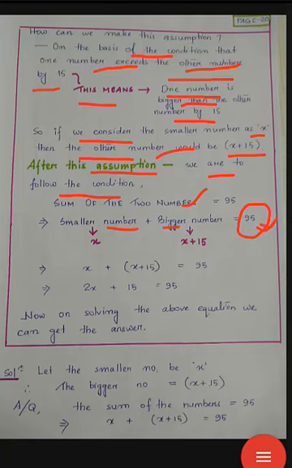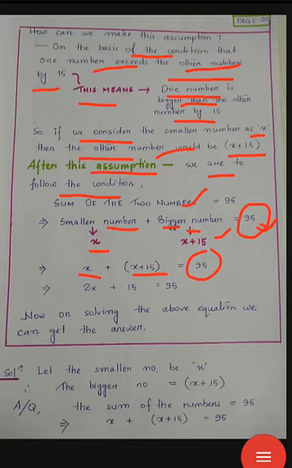That means when we add the smaller number with the bigger number, the sum will be equal to 95. So here I write smaller number plus bigger number is equal to 95. In place of the smaller number we can put x, while in place of the bigger number we can put x plus 15. So when this replacement is done, we get x plus (x plus 15) equal to 95.